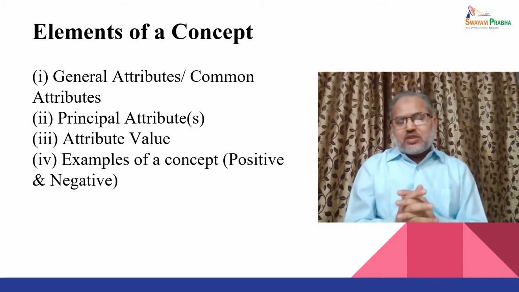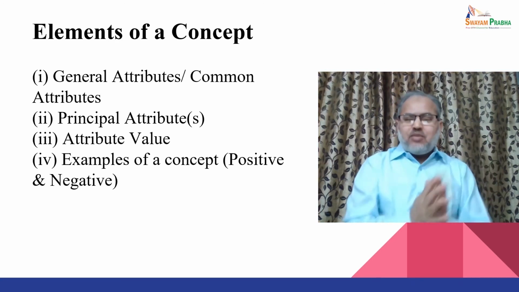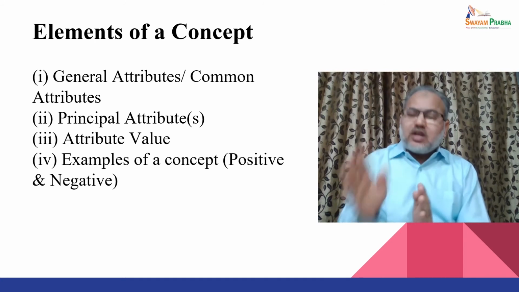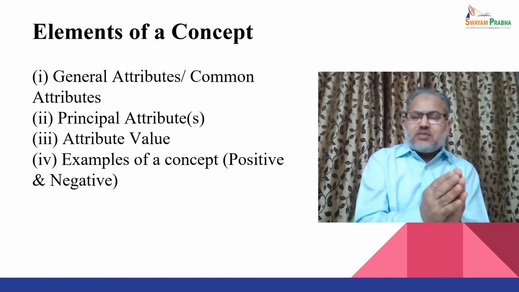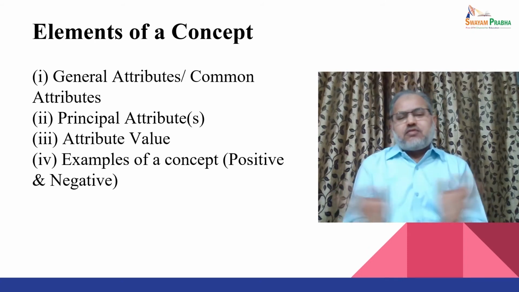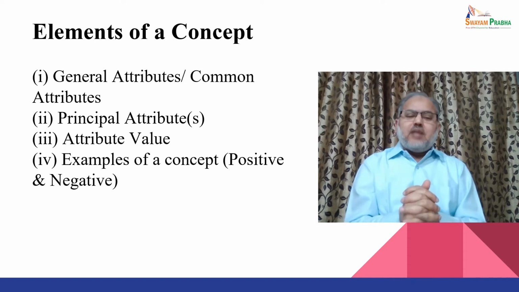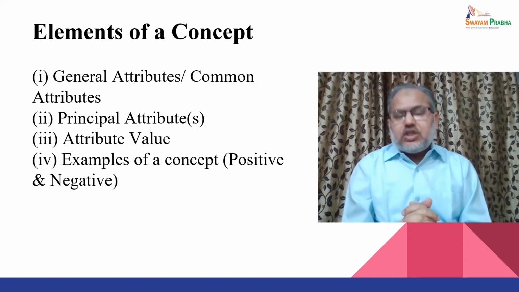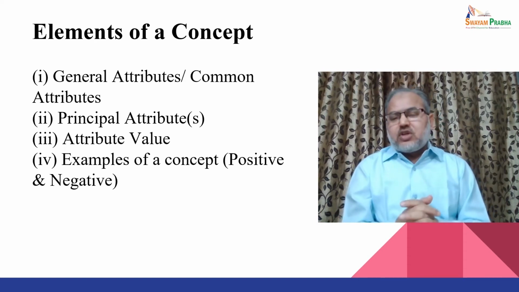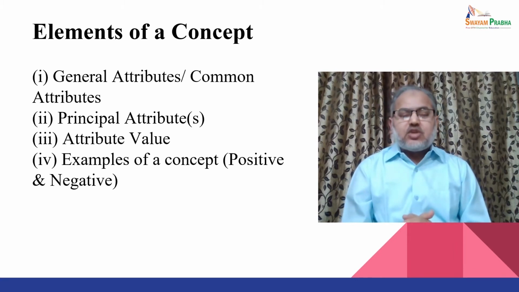Those examples which qualify for a particular concept are positive examples, and those which do not qualify for a particular concept are negative examples. By using the positive and negative examples of a concept, we can make the students learn about any concept in our classroom. Teachers use these elements of the concept to make the learners understand and grasp the concept being taught to them.